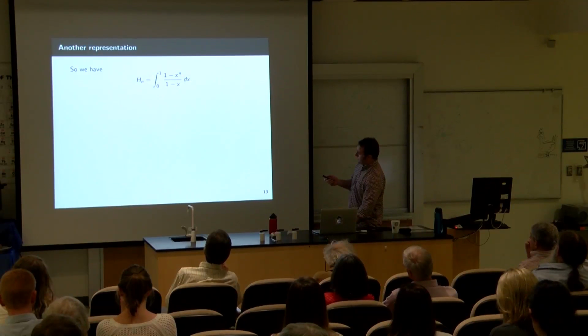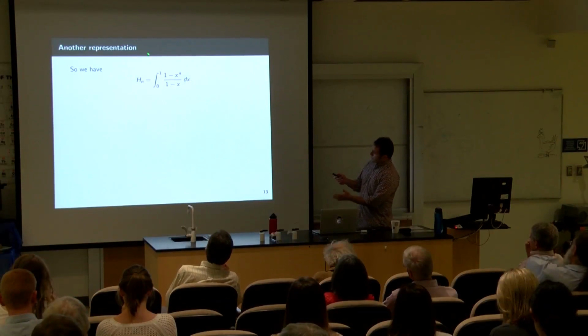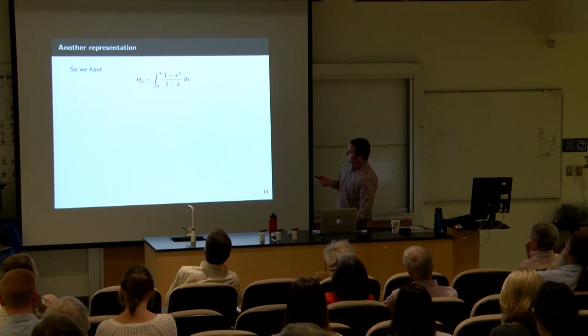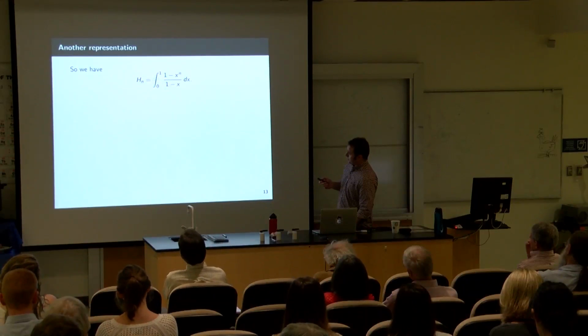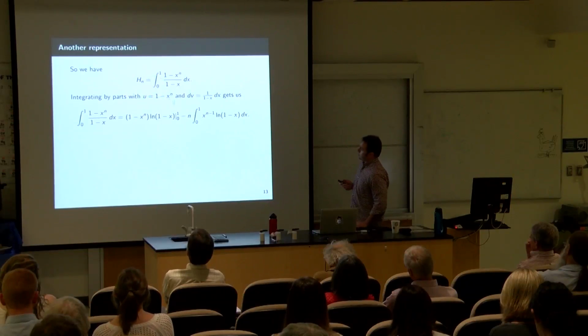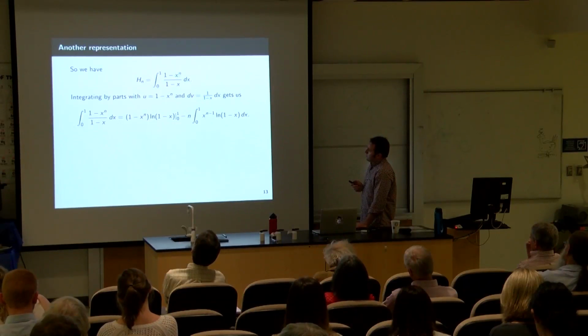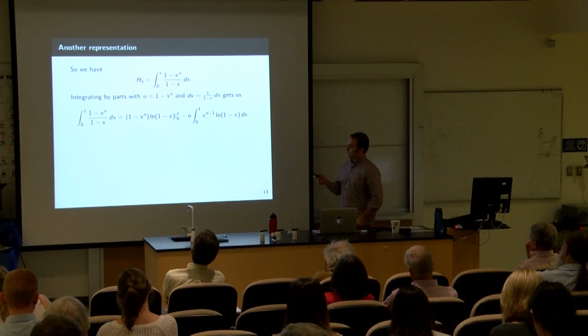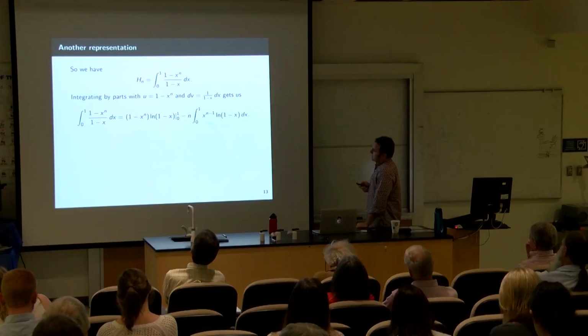So we have this representation, that's what we just had. Now we can do something else to this. We can use integration by parts on this integral, where u is 1 minus x to the n and dv is 1 over 1 minus x dx. So integration by parts, uv minus integral v du. So just rewriting it using that definition.